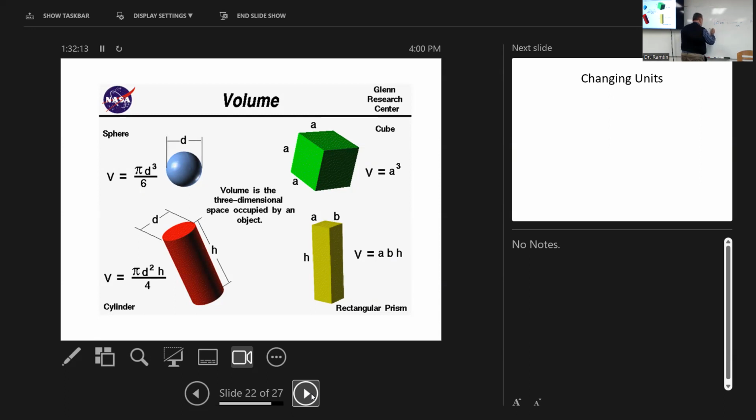Pi times r squared. So the reason they put d over 2 is because instead of the radius, I can put the diameter, which is 2r, but then I have to divide it by 2.